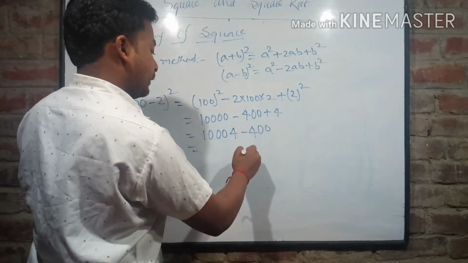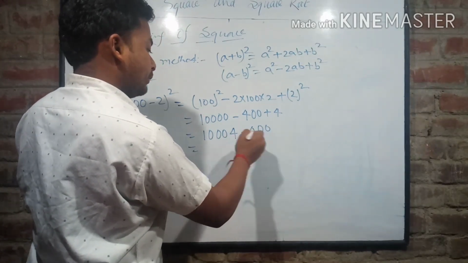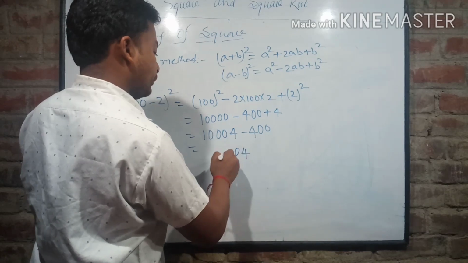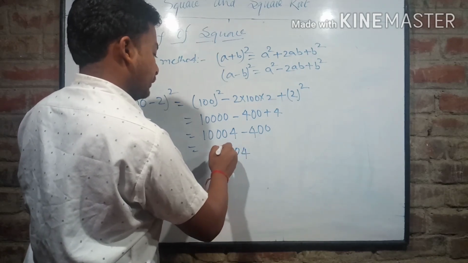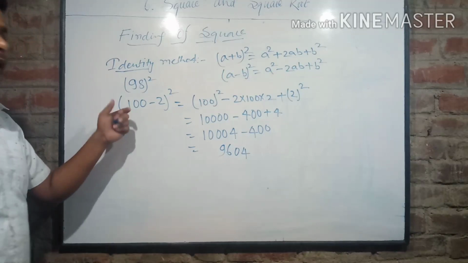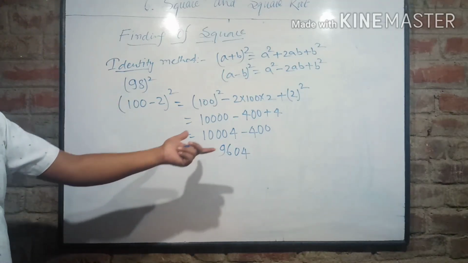Finally we will get the answer as 9604. So 98 square is 9604.